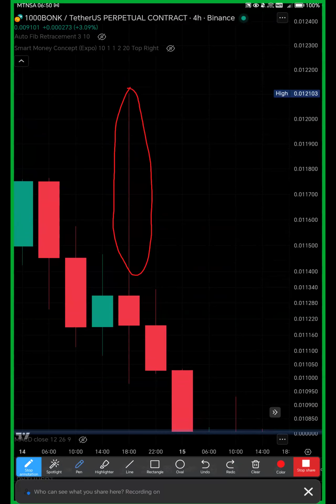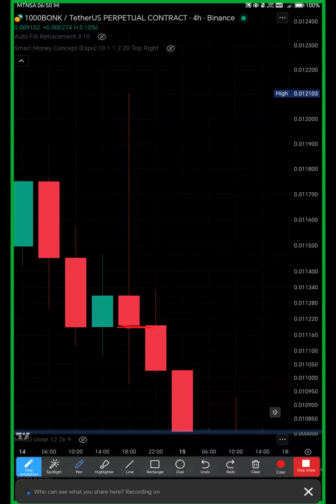They didn't want the buyers to push the price further, because first of all, when this trade session opened, it opened down here.